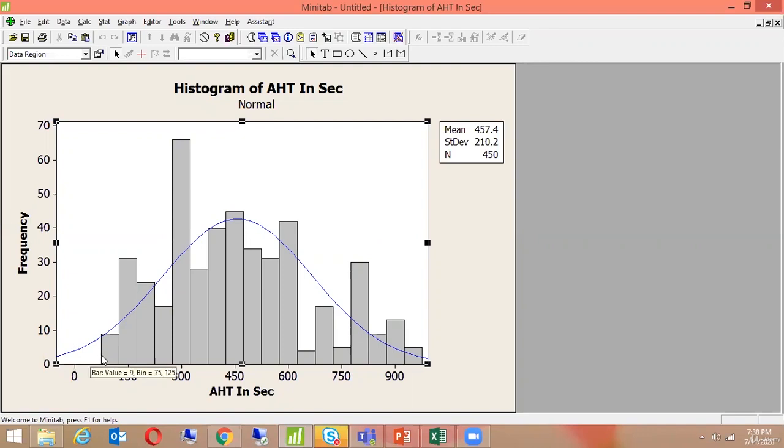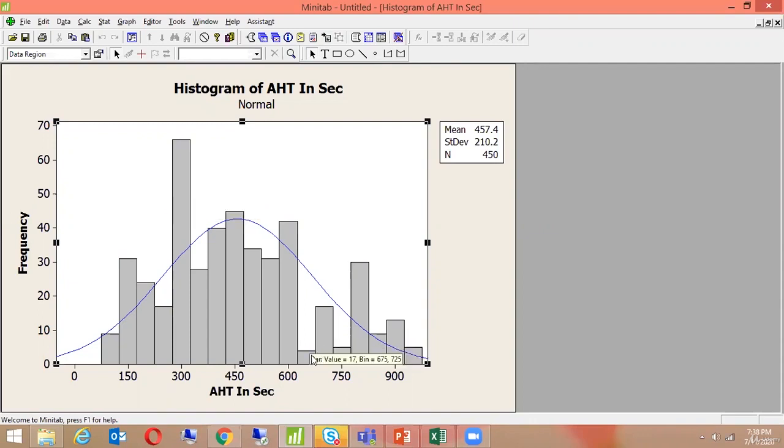The spread starts from here and lies till here. Now I want to see which frequency I need to focus on. Graphically, I see that this is the peak, and I also want to know which category I should be prioritizing. Between 275 and 325, there are 66 occurrences, and I would like to know why.